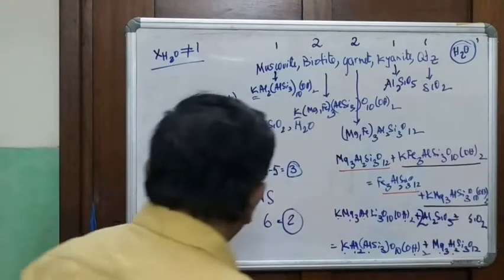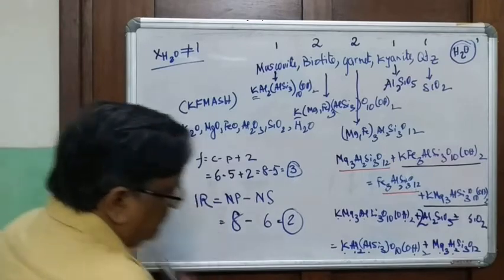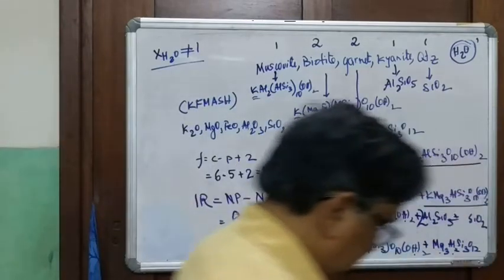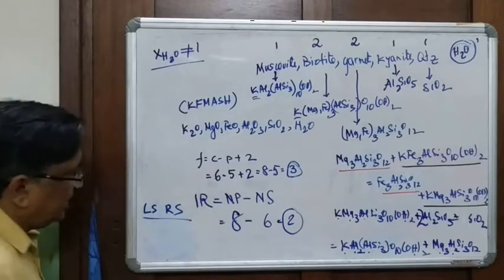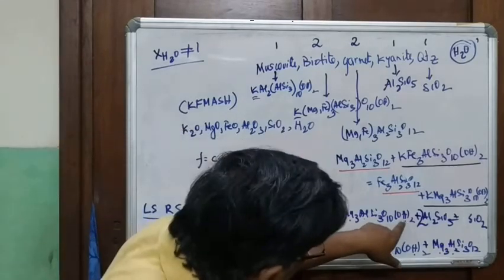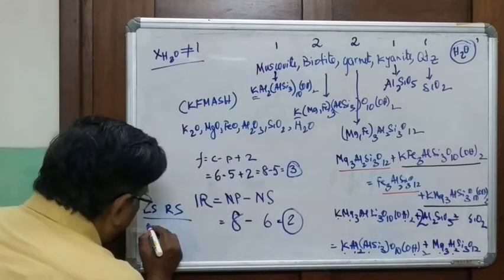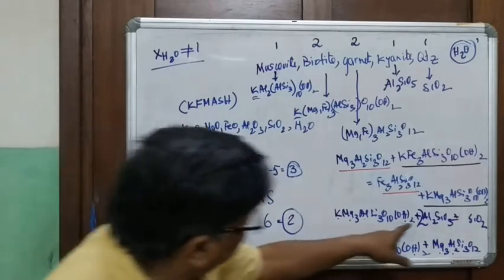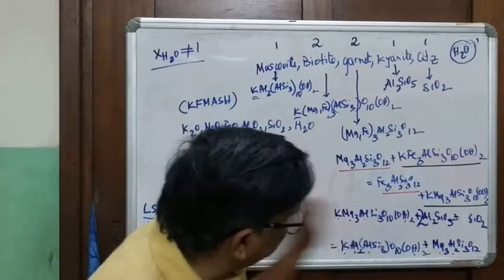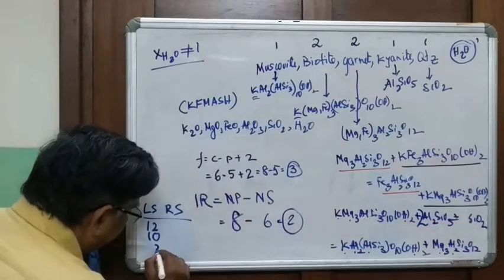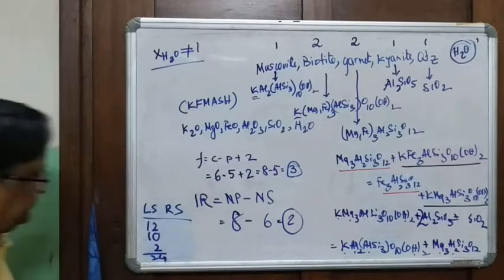Now we look at oxygen. Left hand side oxygen, 2 plus 10, 12, plus 10, 5 into 2, 10, plus 2, 24.